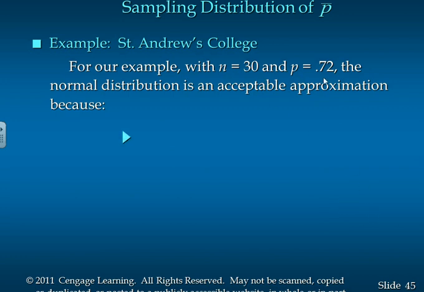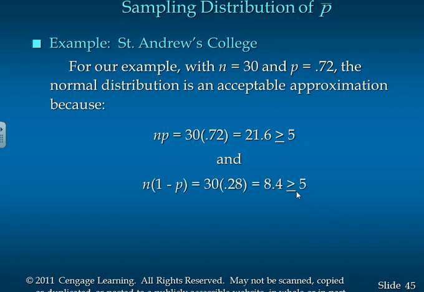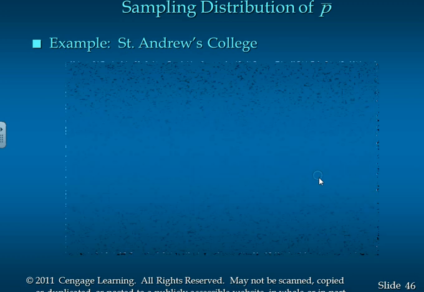So n is 30, p is 0.72, normal distribution. We want n times p, which is greater than 5, so that's good. And we do the other calculation, and it's greater than 5. So we can now say that this will satisfy a normal curve, because both of those numbers are greater than 5.